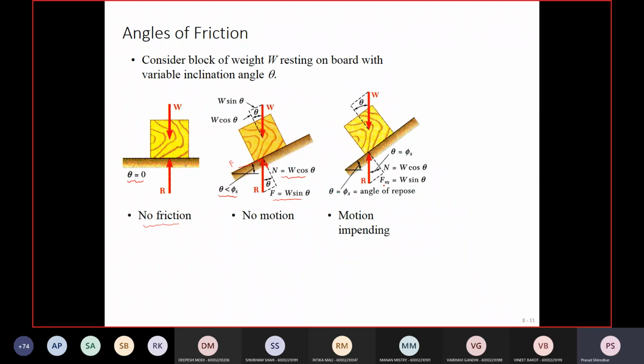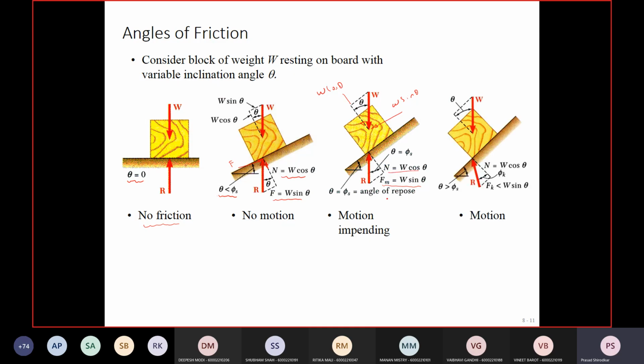In this case, the maximum frictional resistance is equal to W sin theta, the parallel component of the force, and W cos theta is equal to N. If the angle is further increased, theta greater than phi static, then the motion begins and it is a dynamic system. Of course, the normal reaction will again be W cos theta, the cosine component of weight. So these are the four conditions under self weight.